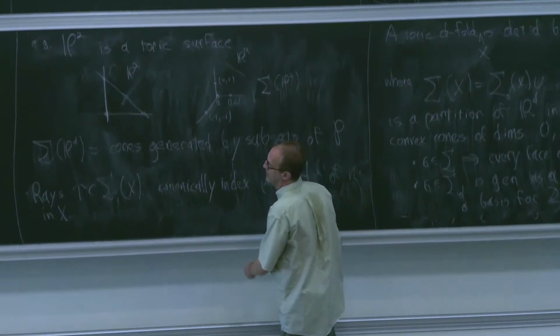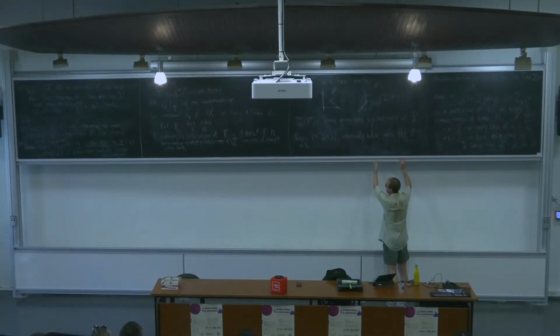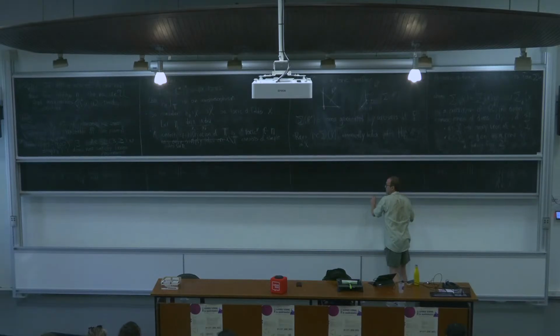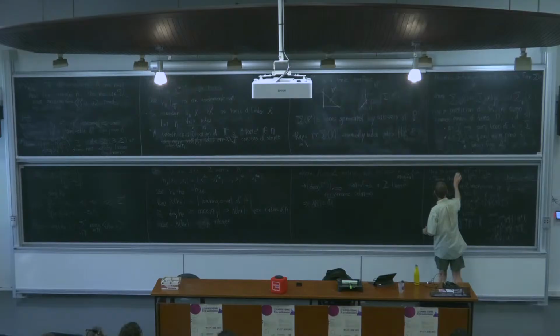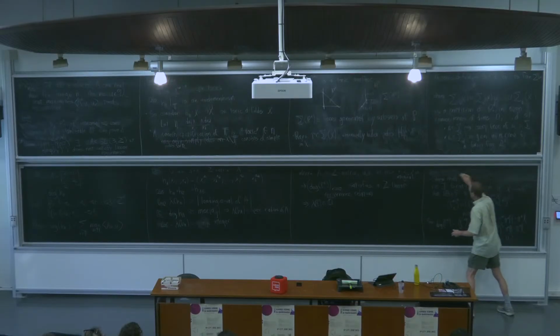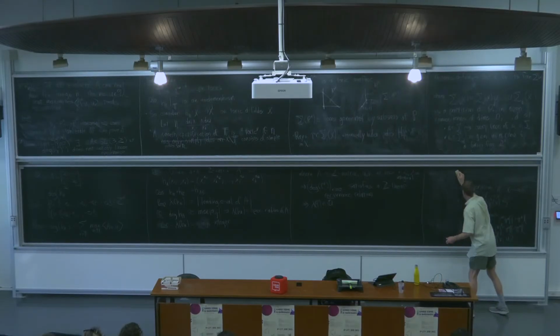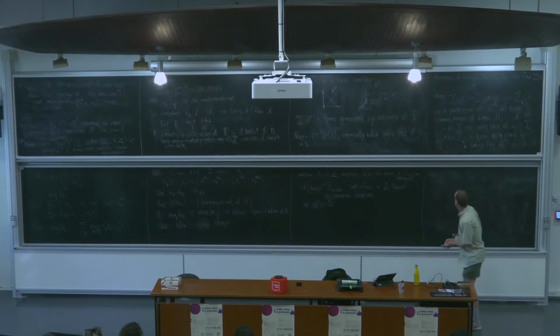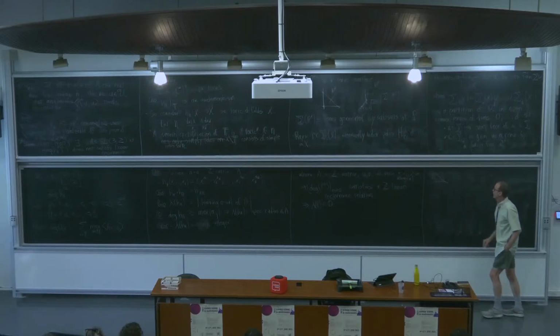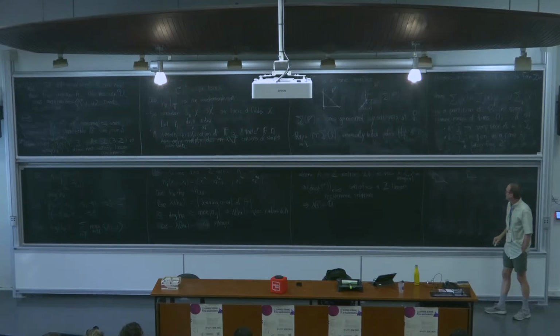And if I were to, say, blow up the origin and work with, let's change boards. If I were to blow up the origin in P2 and work with this as my X, then there's a very nice way to get the fan.